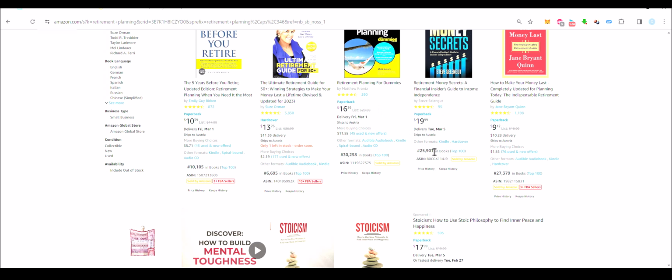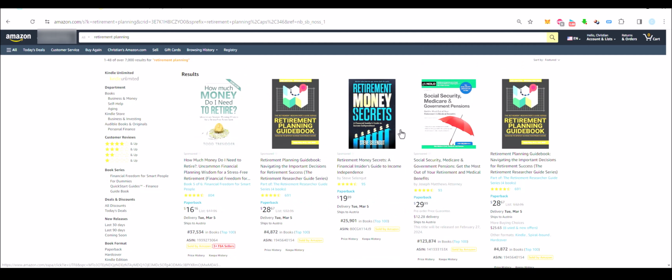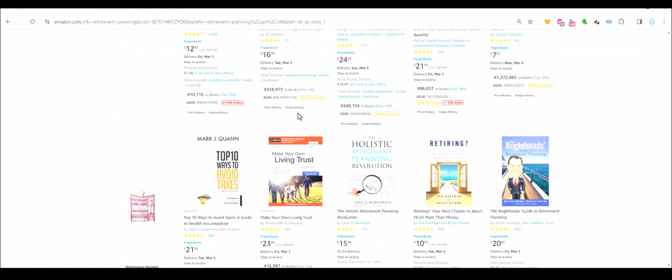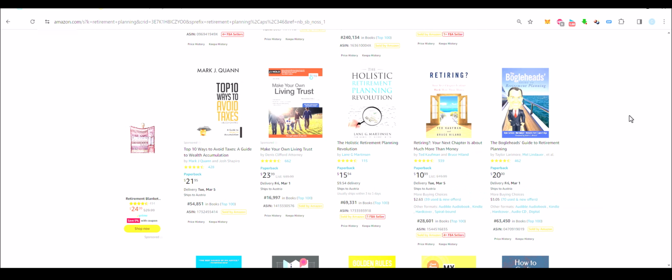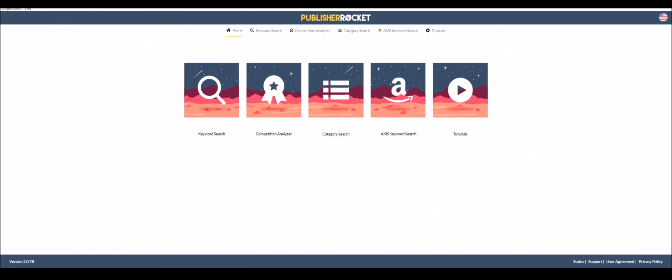This one here is also very encouraging. That's very good. This one has a lot of reviews. Yeah, so we can definitely see that this is a very, very good and very lucrative keyword.